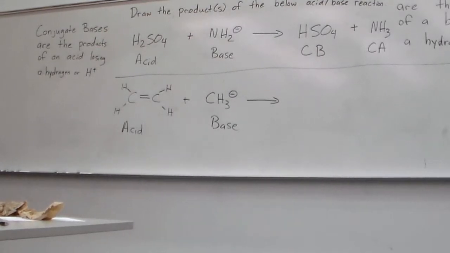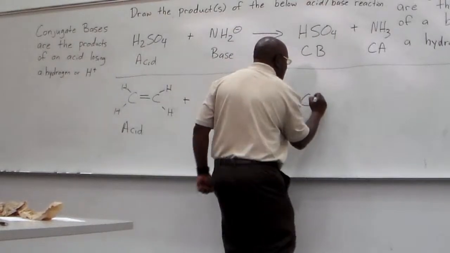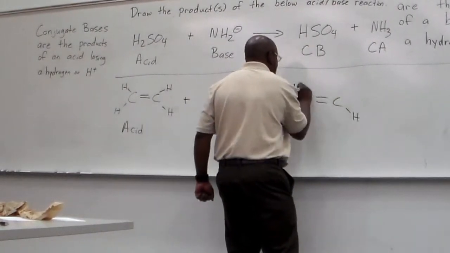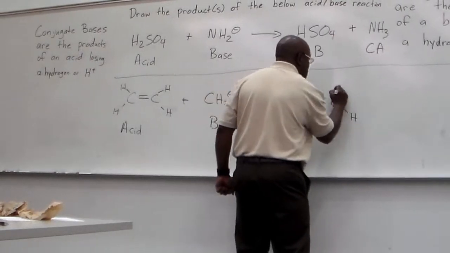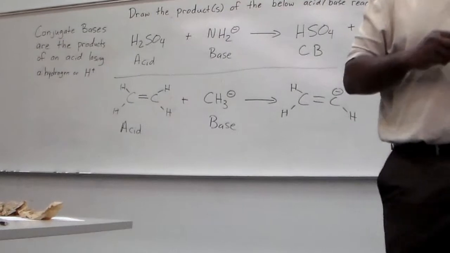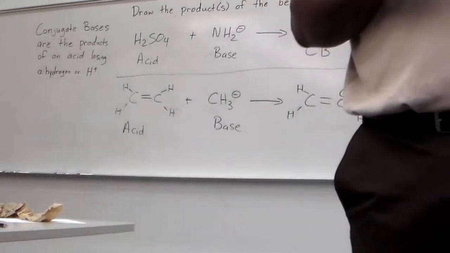What's the product of this reaction? What does an acid like to do? Lose a hydrogen. So instead of having a carbon with 4 hydrogens attached, we're going to have a carbon with 3. Did it matter which carbon atom lost a hydrogen?